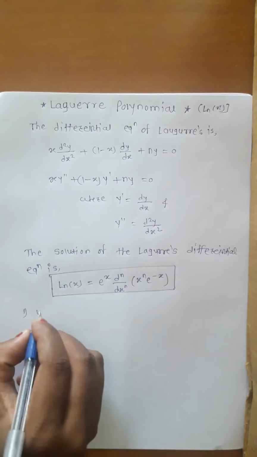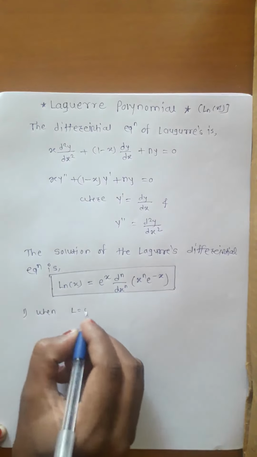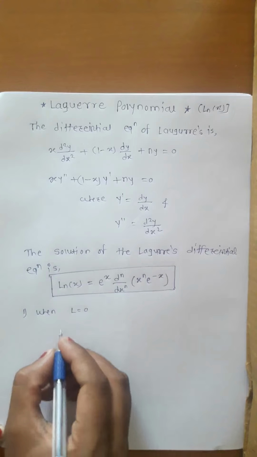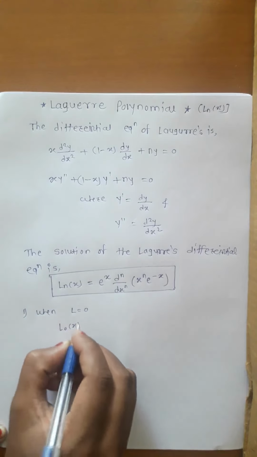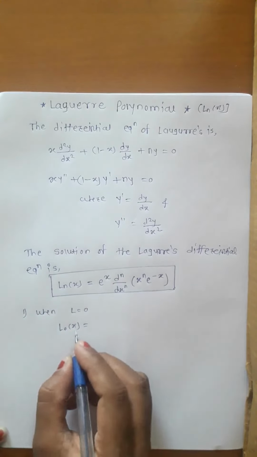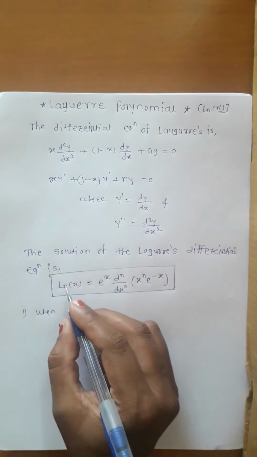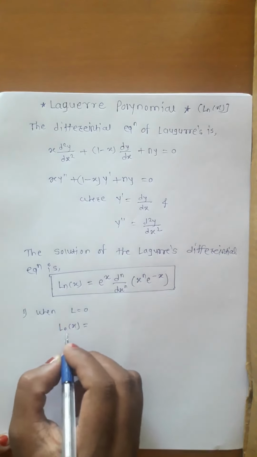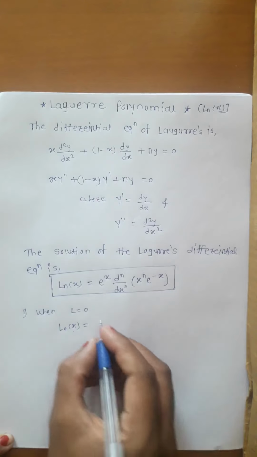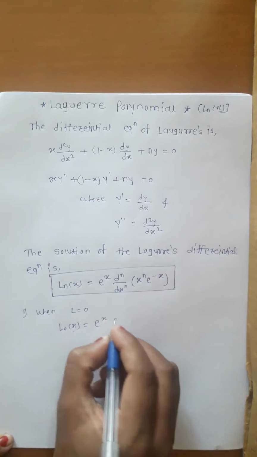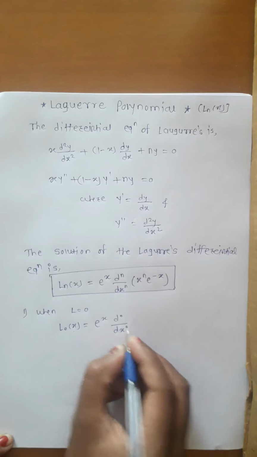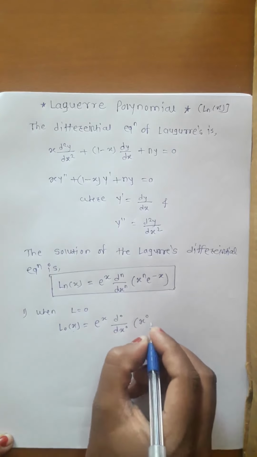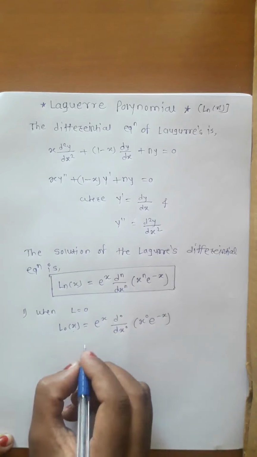First, when the value of n is equal to 0, we have to find out the L0 of x. Put n is equal to 0 in this equation: L0 of x is equal to e raised to x into d raised to 0 by dx raised to 0 into x raised to 0 into e raised to minus x.